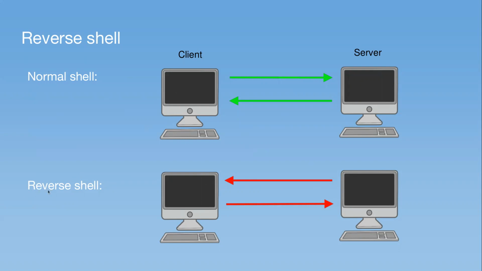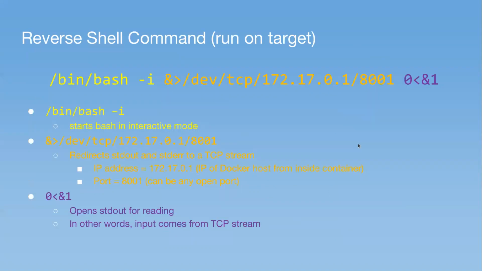The reason the reverse shell is used by attackers is because firewalls are typically restrictive of incoming requests, but they aren't restrictive of outgoing requests. And so using a reverse shell, as long as we can run any command on the server, we can create a reverse shell, and that allows us to run any commands easily on the server. So how do you open a reverse shell?